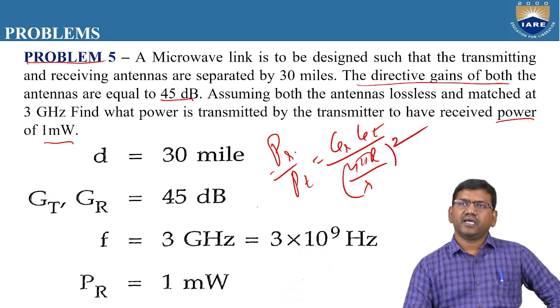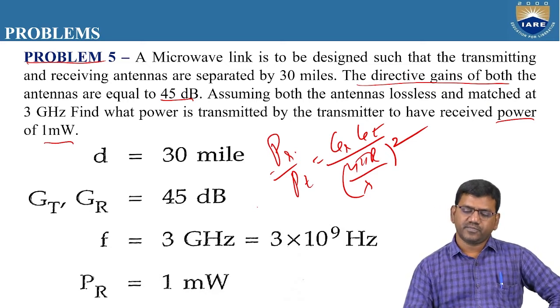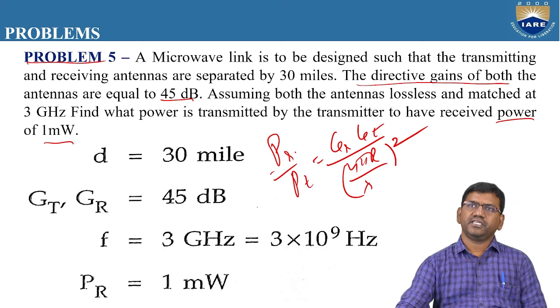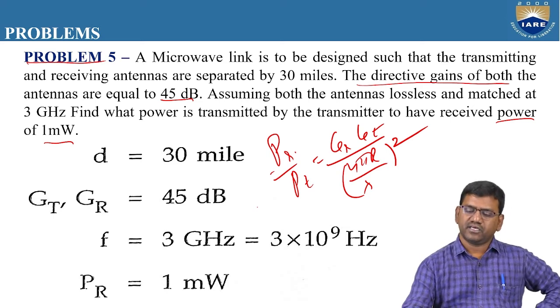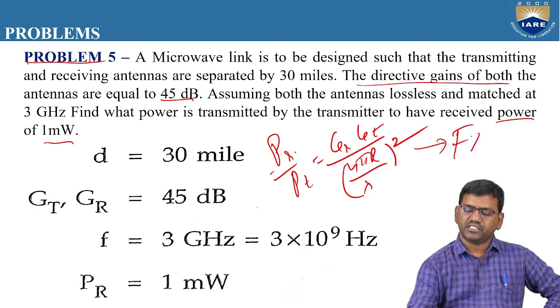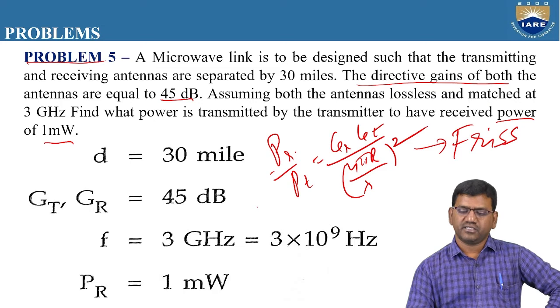This 4 pi R by lambda whole square, we call it the free space loss factor. So PR by PT is equal to GR into GT by 4 pi R by lambda whole square. We call this expression the Friis transmission formula.